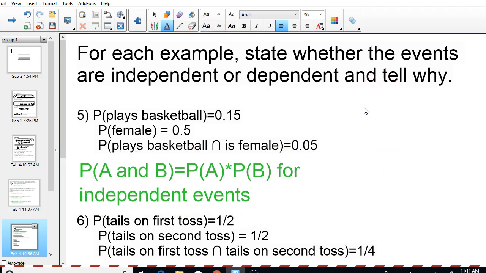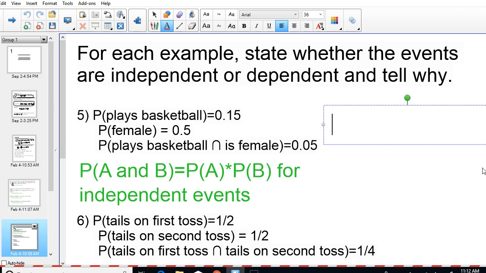So in this case, you're just going to test to see if they're independent. The probability that somebody plays basketball and the probability that somebody is female are both given here. If those 2 things are independent, then the probability of A times the probability of B is going to give us the probability of A and B. So the probability that someone plays basketball times the probability that they're female will give us the probability that they play basketball and are female.